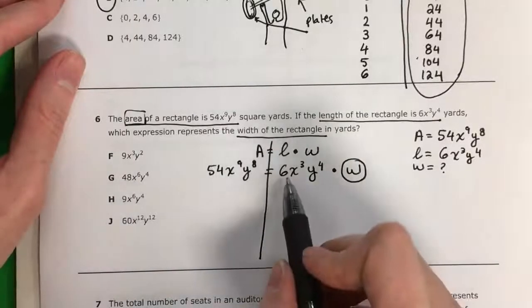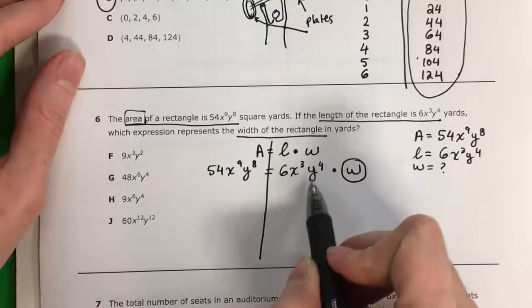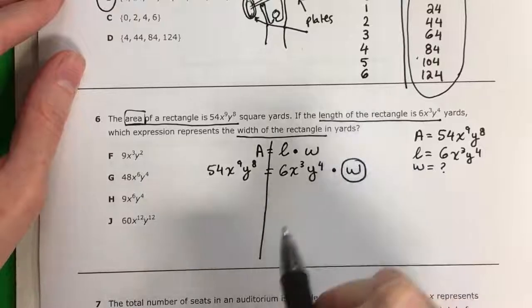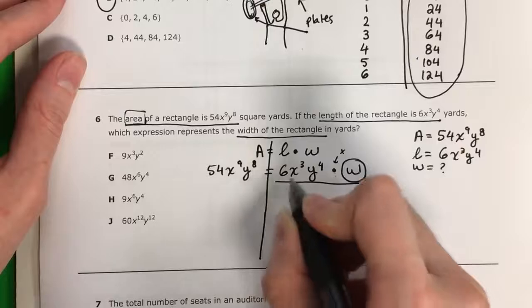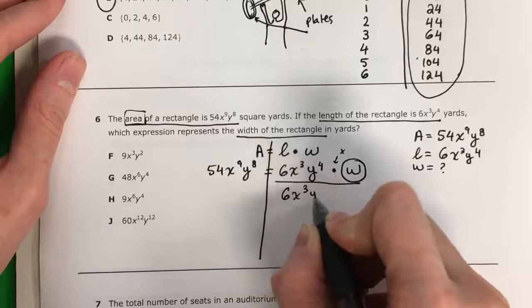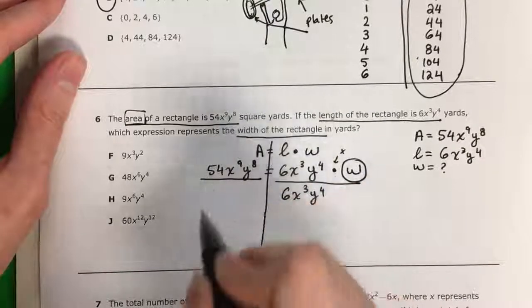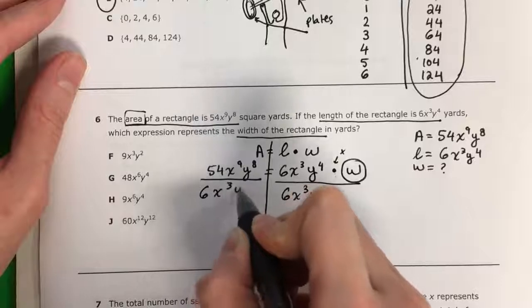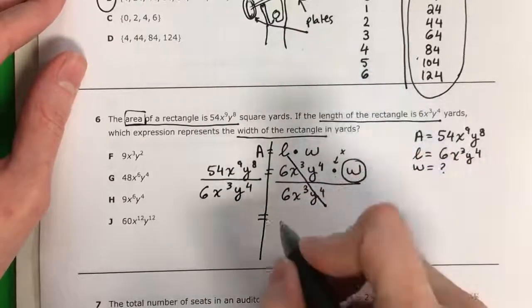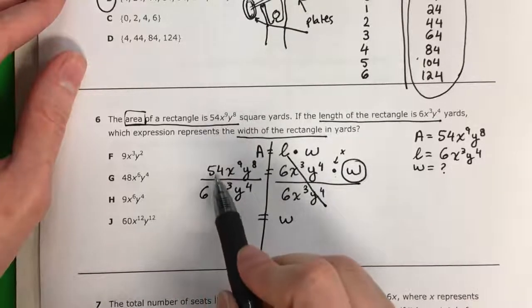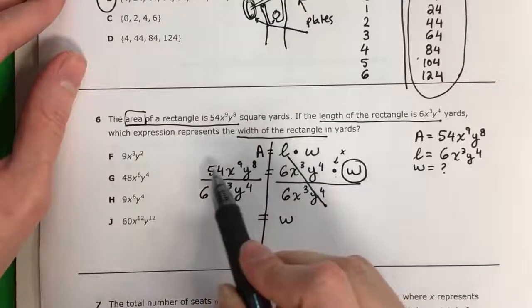The number with W is 6x cubed y to the 4th power, and this is being multiplied. The opposite of multiply is divide, so I'm going to divide by 6x cubed y to the 4th power on both sides. This cancels, it's a 1, and we're going to copy W. Now I have all of this being divided.